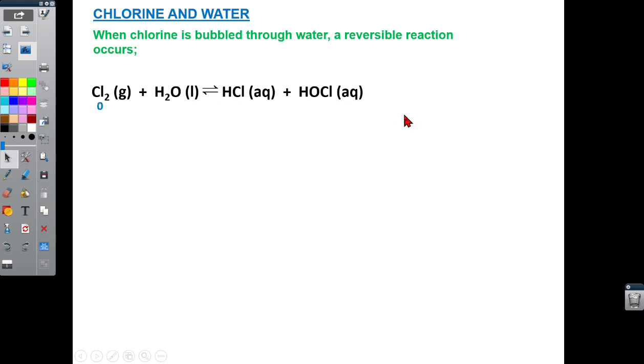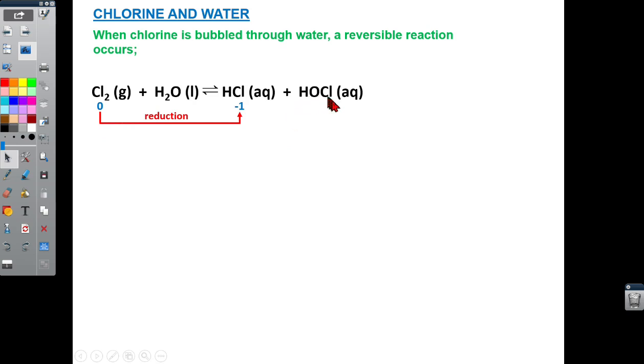Okay, now let's think about what's going on here in terms of oxidation and reduction. So the chlorine, to begin with, is in oxidation state 0. And in HCl, it's in a common oxidation state of -1. Now that process is a drop in oxidation state, so that means that the chlorine has been reduced in that process.